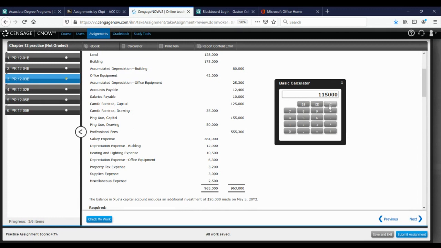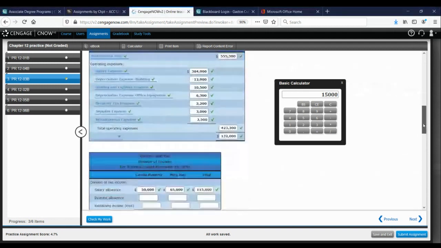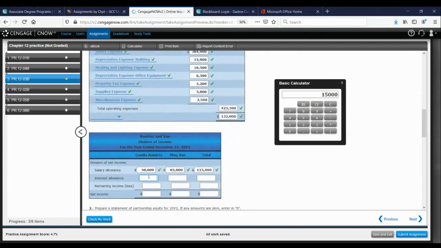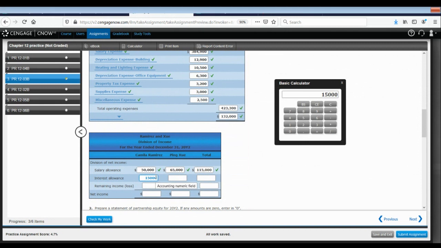So we're going to take Ramirez capital, the beginning balance of 125,000, and multiply this by 12% because there was a 12% interest allowance on the original capital investment. So 15,000 would be the interest allowance that would go to Ramirez.